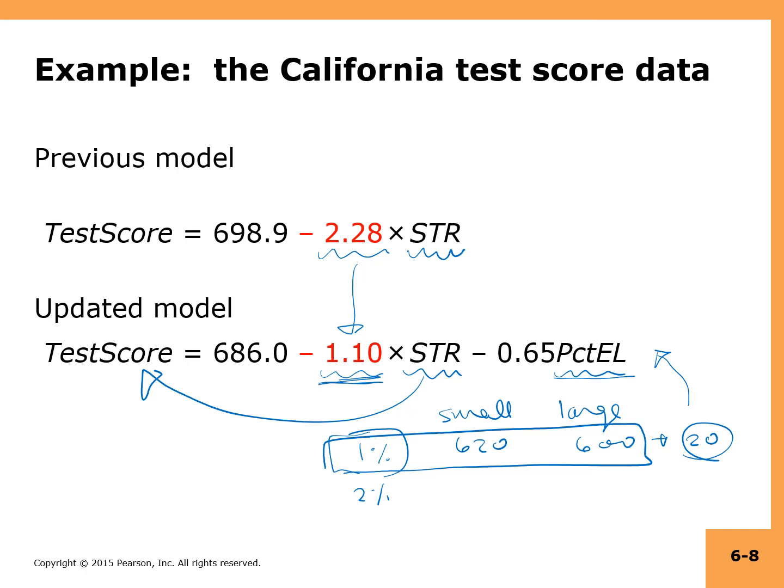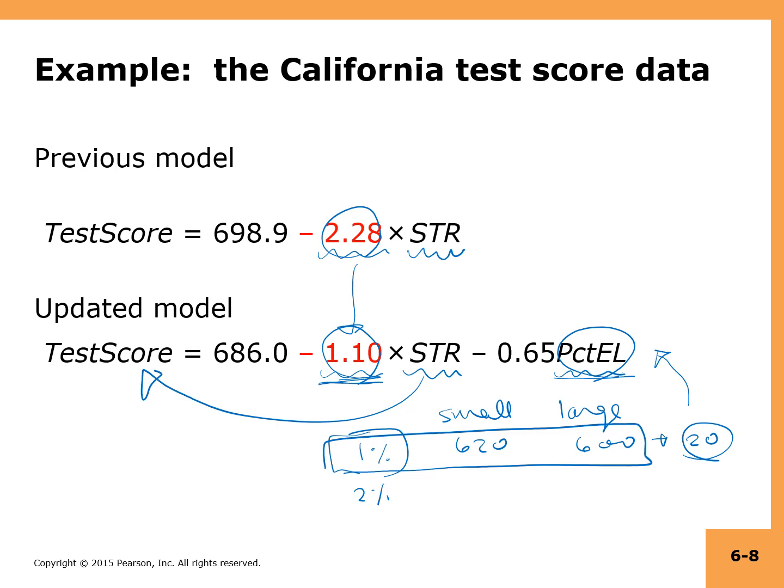The fact that the coefficient declines when you include the additional variable, percent English learner, shows that our previous model, the simple linear regression model, was wrong. It was actually overestimating the effect of student-teacher ratio.